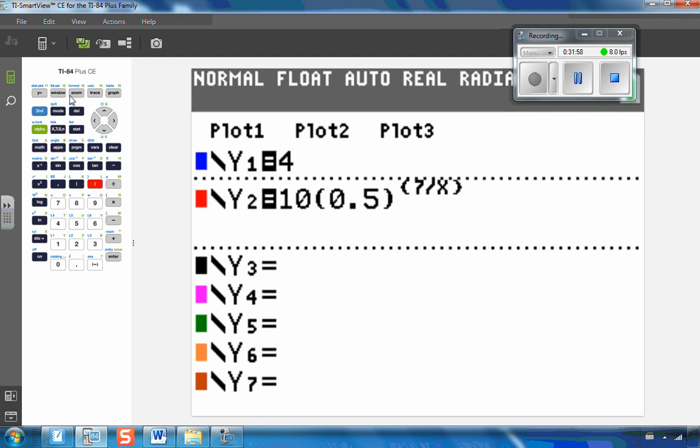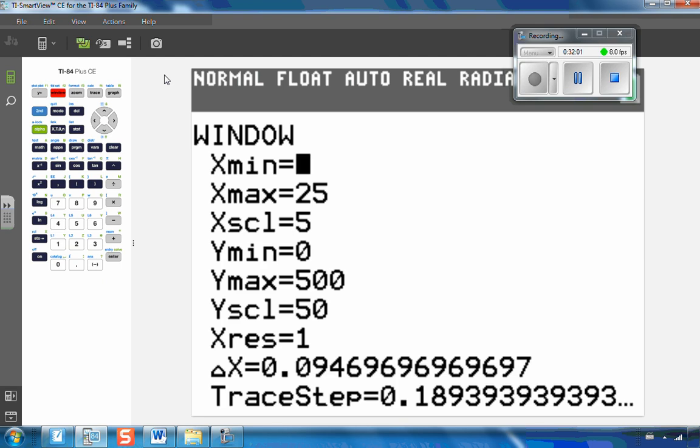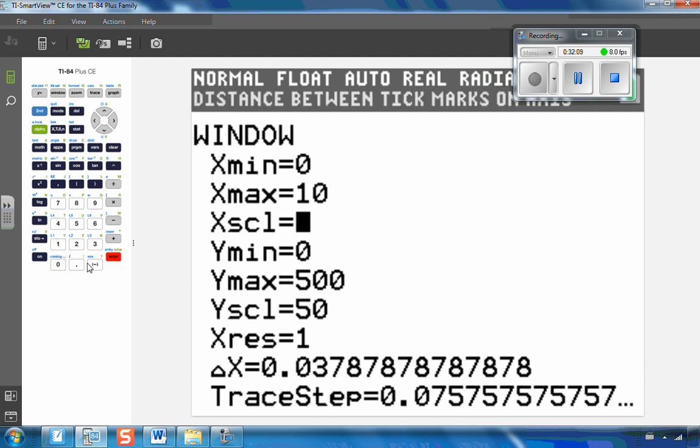So let's adjust our windows. Okay, so we're going 10 grams to 4 grams. So let's go from 0 to 10 grams, up by 1. Oh, that's the y values actually. Hold on. We're doing this in 7 years. Actually, that works for both because we're looking at 7 years and we're looking at 10 grams. So it works for both.